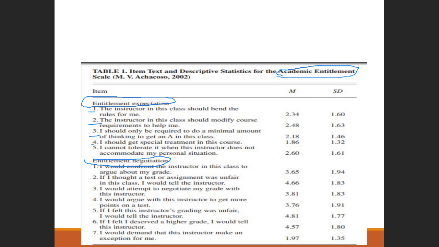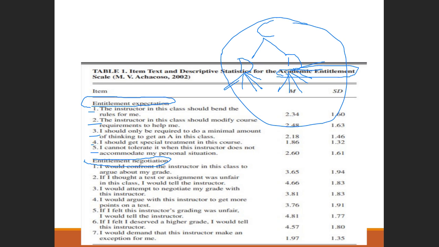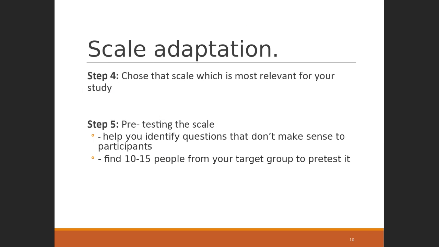The concept is divided into 2 dimensions, and each dimension is divided into different parts. The first dimension is divided into 5 questions, and the second dimension is divided into 7 questions. So this is the whole structure of the academic entitlement concept's operationalization. Okay.